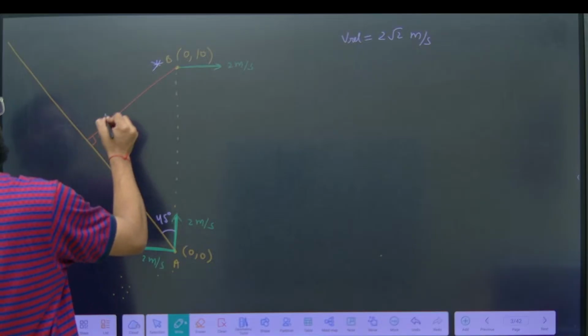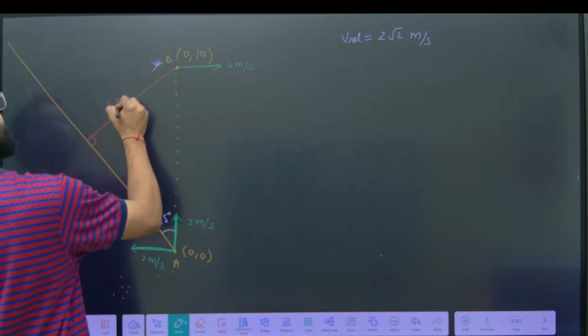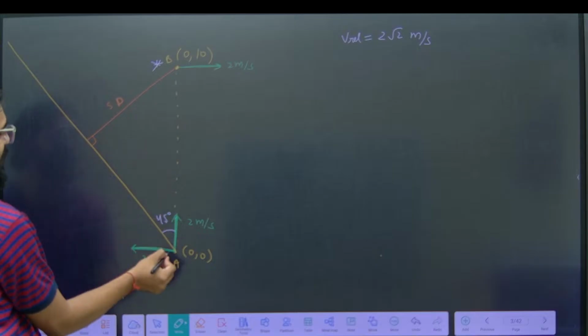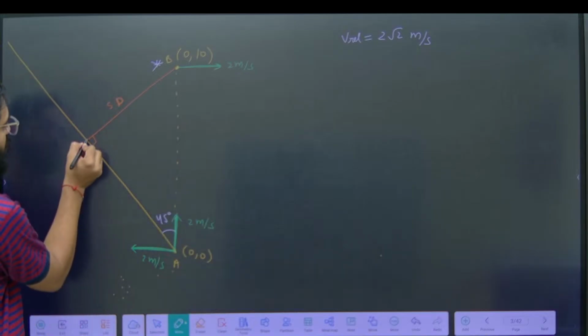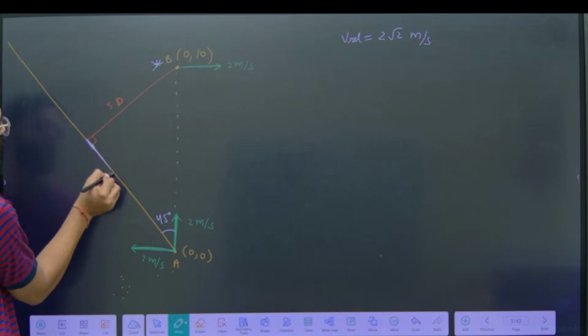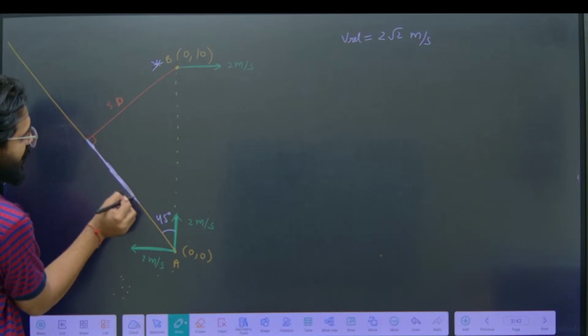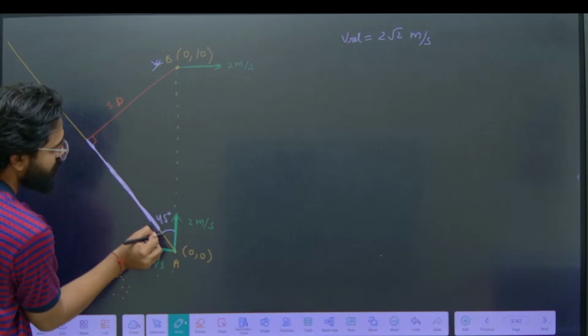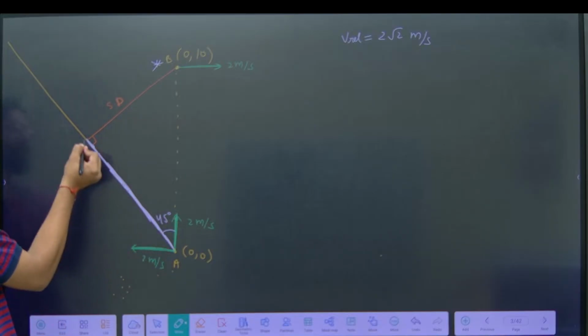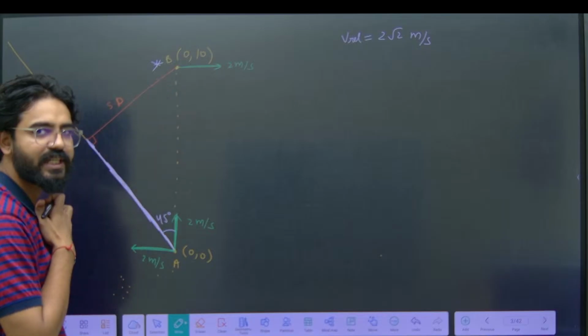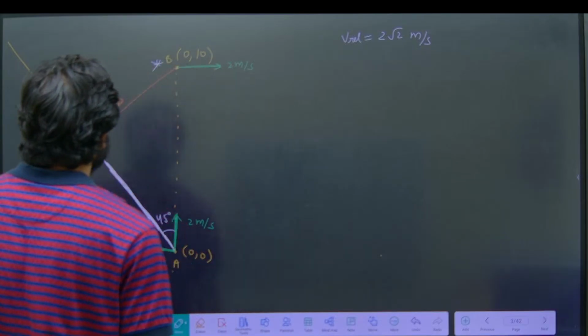So basically the questioner is asking when this guy A will reach over here, correct? If he is reaching over here, they are at the shortest distance, correct?